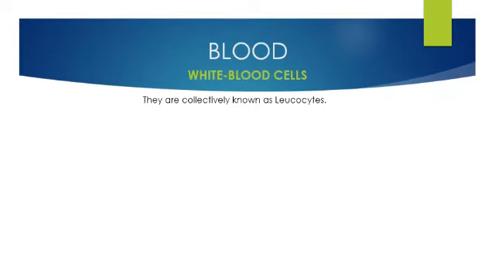There are a lot of names, I tell you. So this term leukocytes is just the collective name for all kinds of white blood cells. So in this lesson, we'll be just focusing on the two common types of white blood cells, which are phagocytes and lymphocytes. We're going to start with phagocytes.